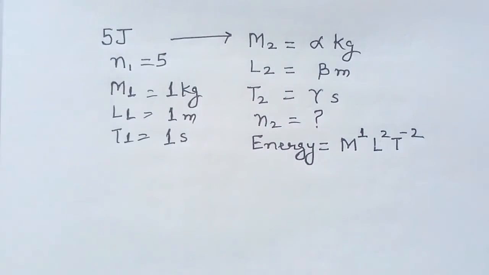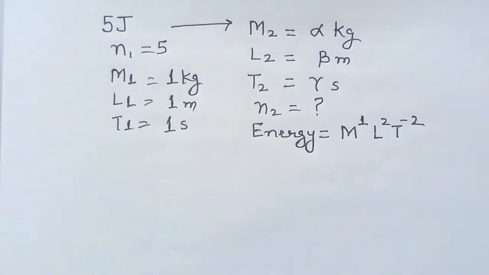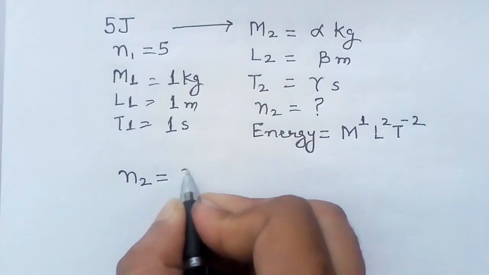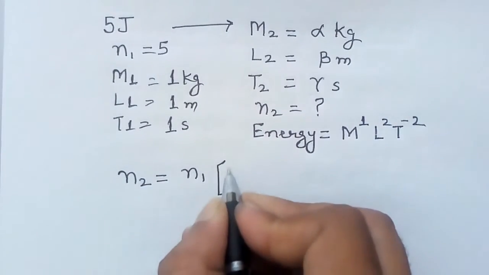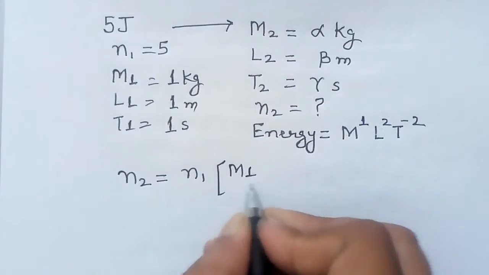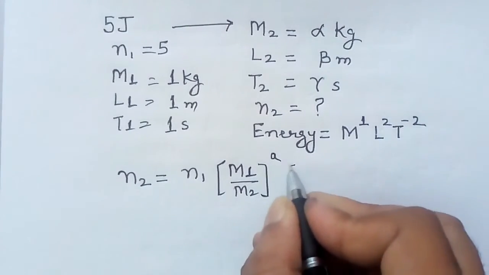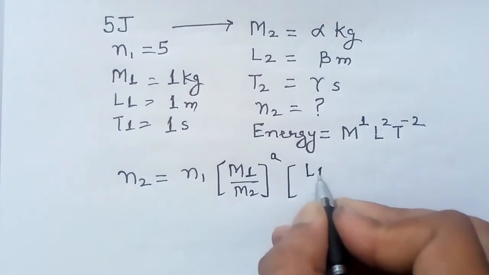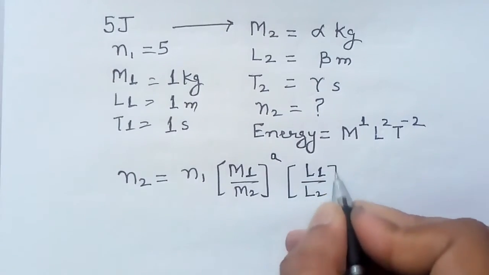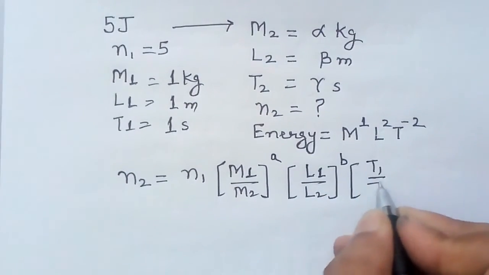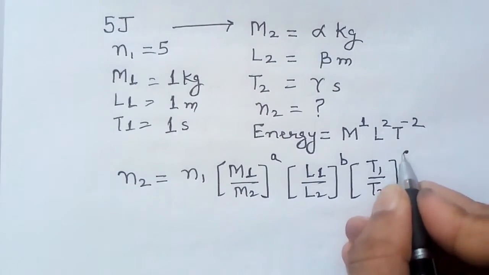This is the dimensional formula for energy. Now we have the formula, and then we apply the same formula. N2 is equal to N1 into M1 upon M2 to the power A, L1 upon L2 to the power B, and T1 upon T2 to the power C.